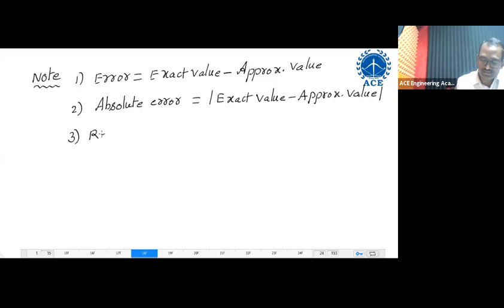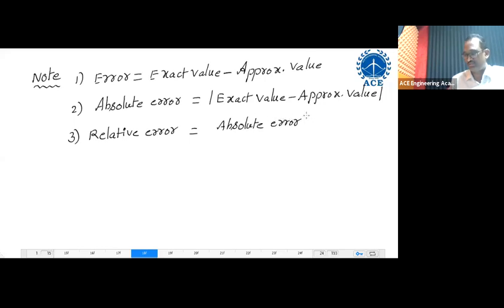What is the relative error? Relative error means absolute error divided by exact value.